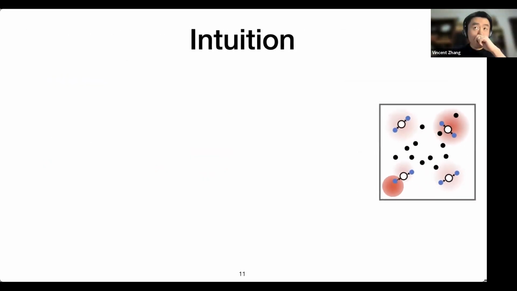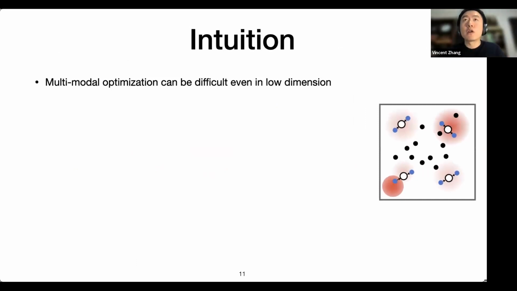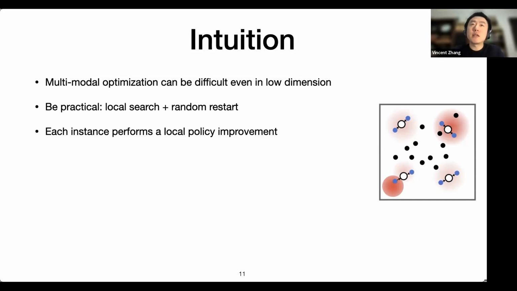And just to explain the intuition a bit more. We know that multi-modal optimization can be difficult even in low dimensions. And maybe the best way here is just to be practical: let's just do local search plus random restart. What each instance does is the local policy improvement.